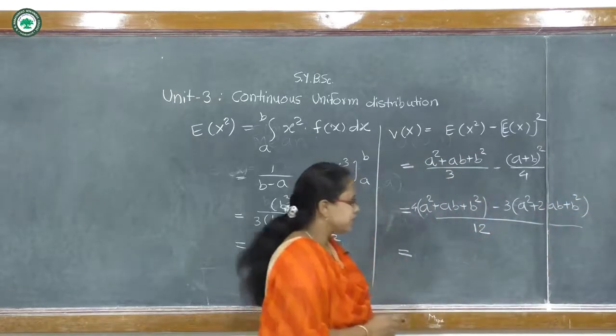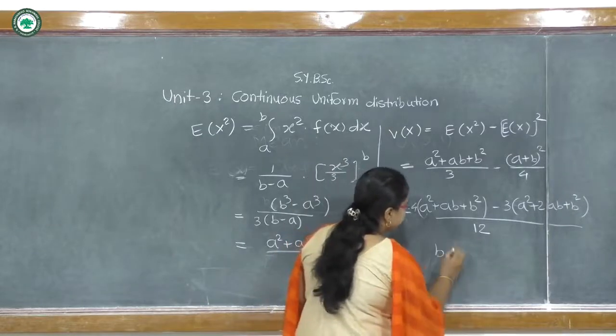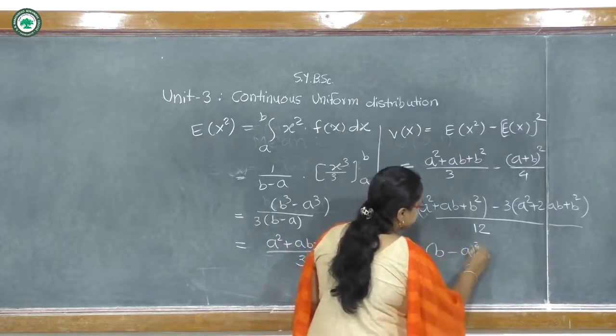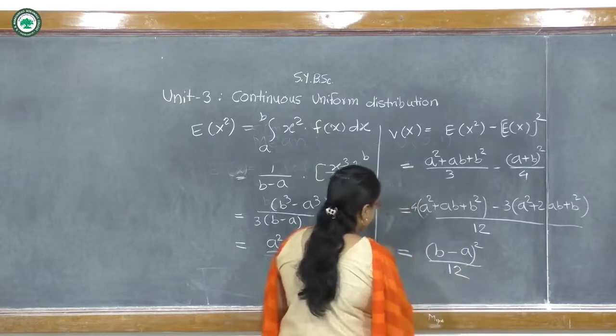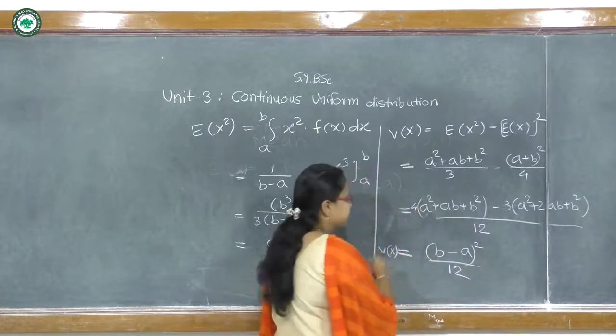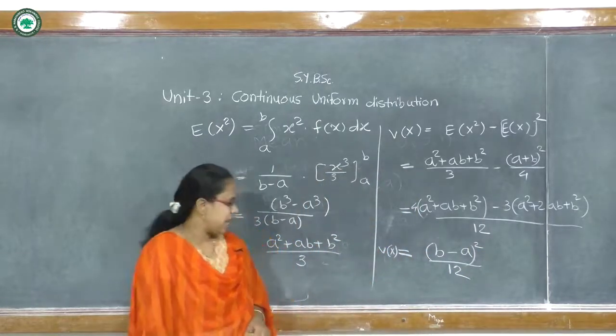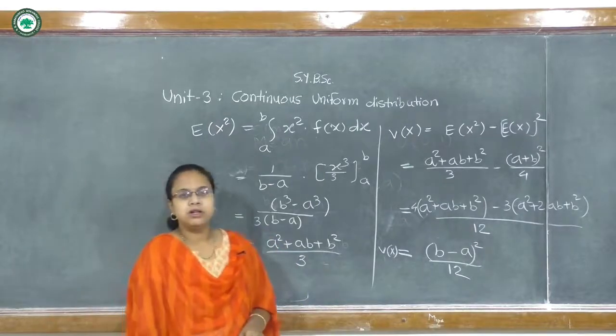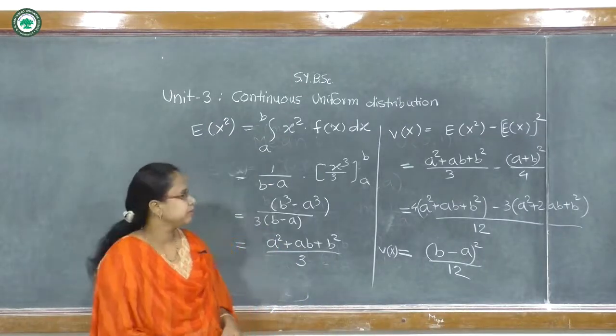After solving this, we will get b minus a whole square upon 12. So this is the mean and variance of the uniform distribution.